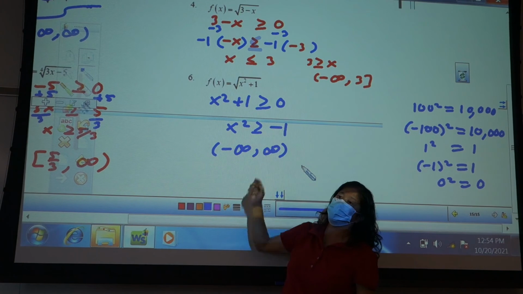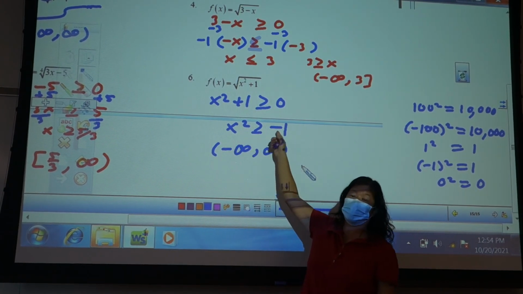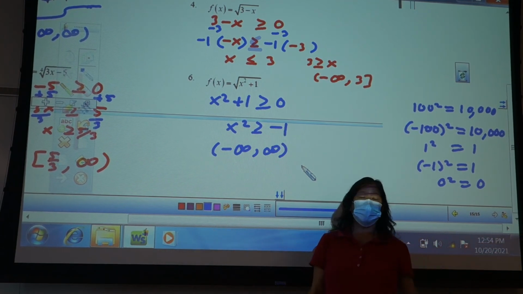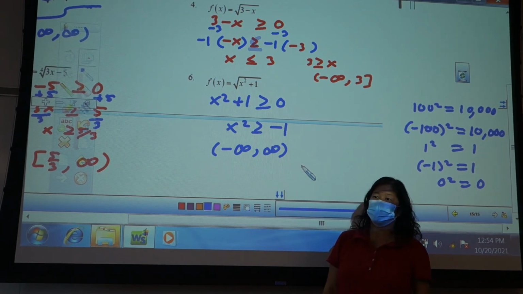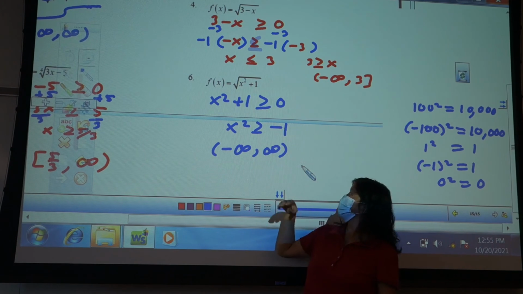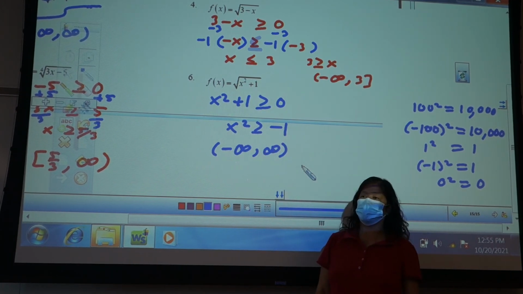That's going to be bigger than negative 1. So this is saying x squared has to be larger than negative 1. When is that true? Always. There's no x you can give me that when I square it won't be larger than negative 1, because any x you give me, when I square it, will become positive or 0, which will always be greater than negative 1.